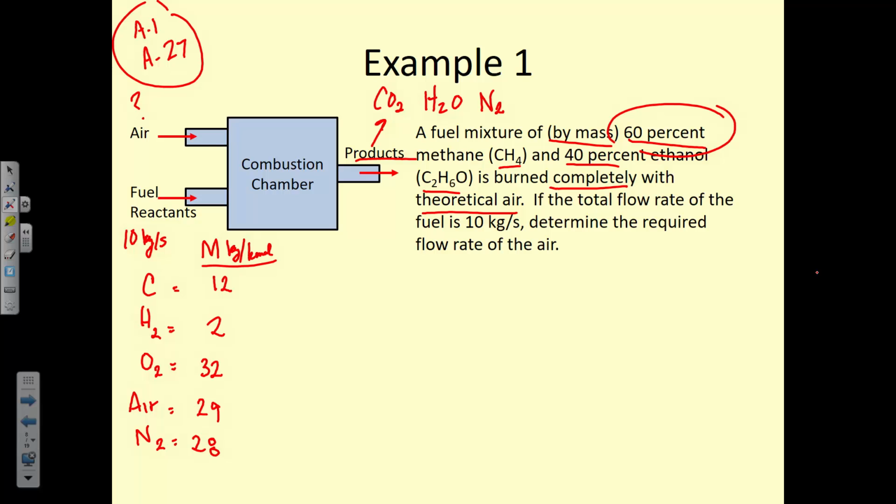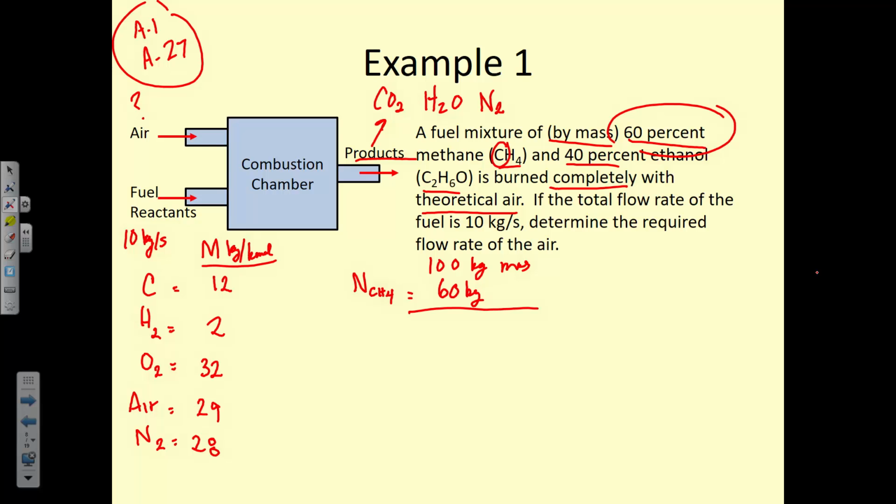Okay, so now we need to figure out the number of moles that we have in each of these. So the number of moles in CH4 is equal to, if we assume just 100 kilograms mass, 60 kilograms divided by the number of each of these elements times their molar mass.